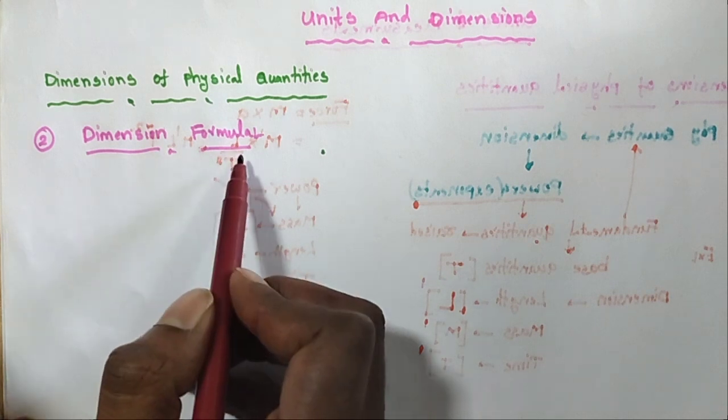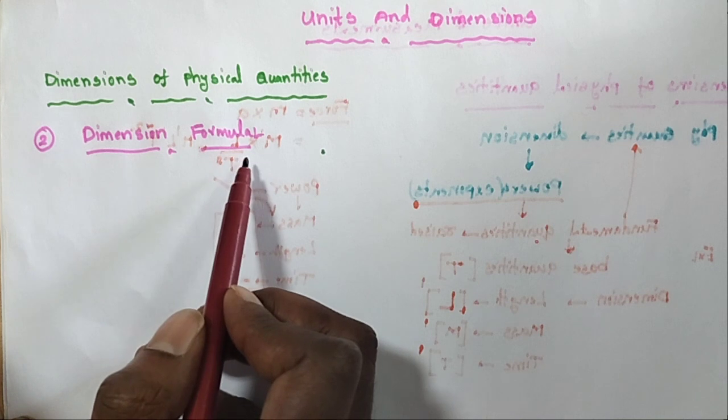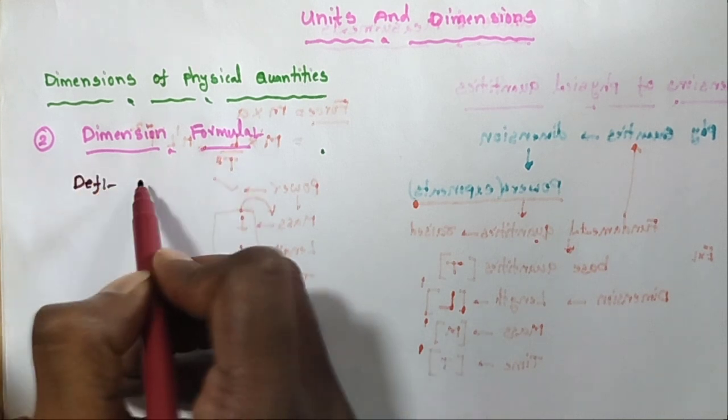Second one, dimensional formula. What is the dimensional formula or dimensional equation? Here I will write the definition of the dimensional formula.